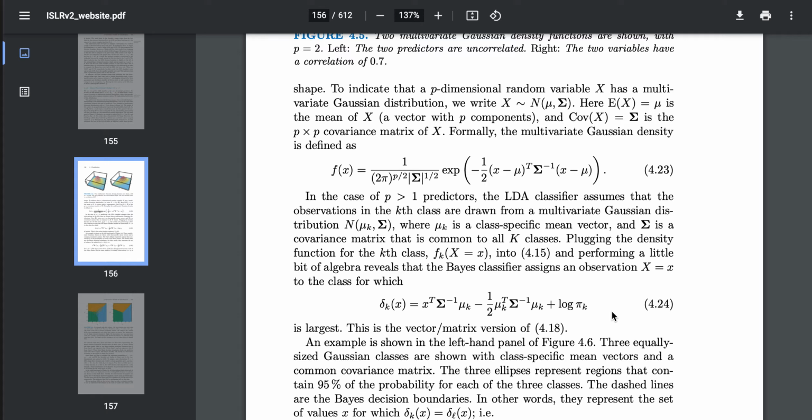So any class that has a large prior probability also has this initial advantage, because the log of that probability is going to be larger.